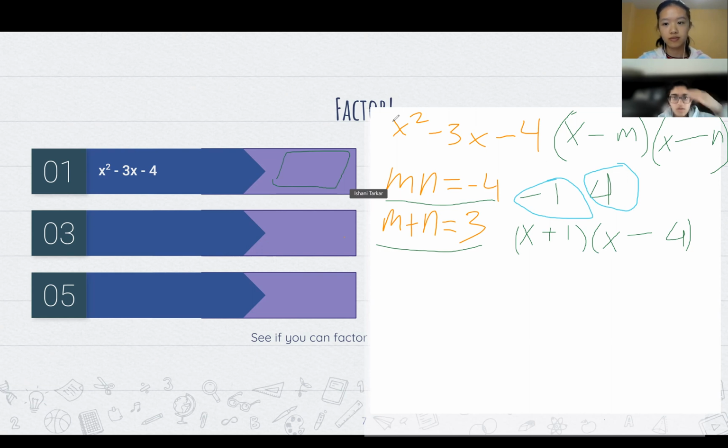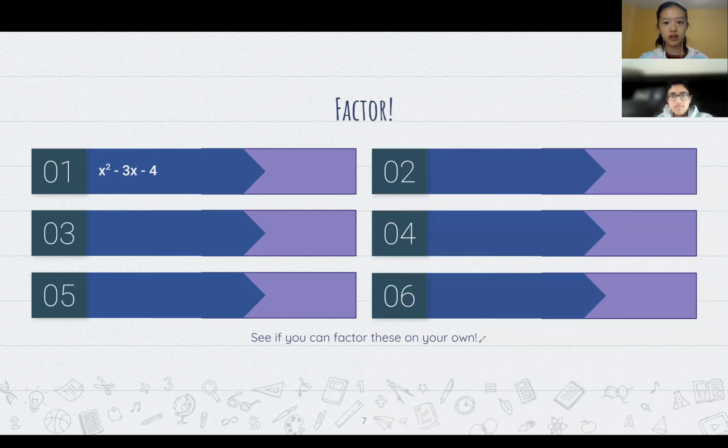So I think a lot of you got that correct. Good job, and if you have any questions, ask. Also, one thing to note, you have to be careful about your negative signs, because if you're using the form x minus m times x minus n, when you find m and n, you have to remember to subtract, otherwise your negatives will be flipped.